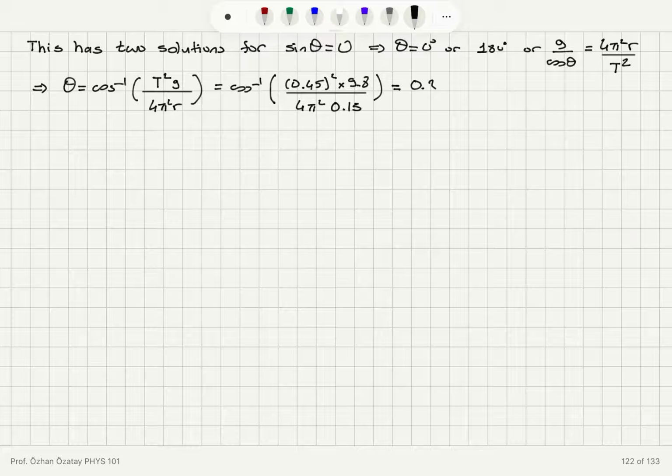This gives us 0.335, or the angle is 70.4 degrees.